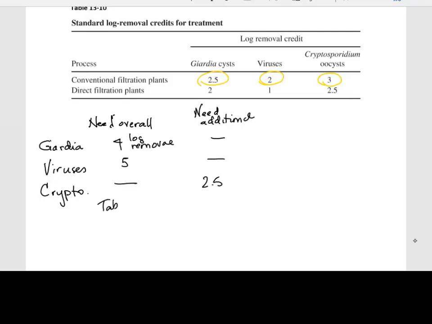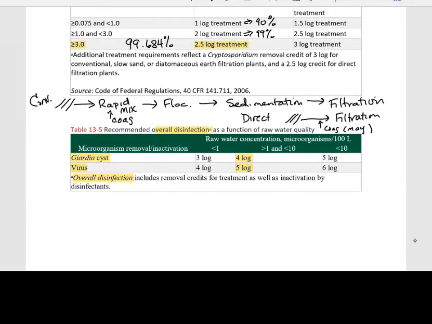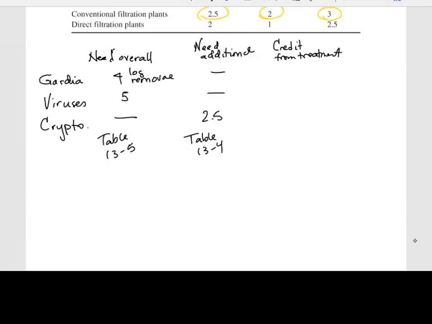So this was from table 13-5. This is from table 13-4. The credit we get from the treatment, this is removal in these processes that I've mentioned right here. So it's removal, and we get 2.5 log removal credit for Giardia, 2, and we get 3 for crypto.